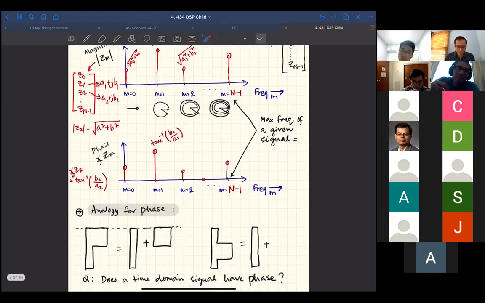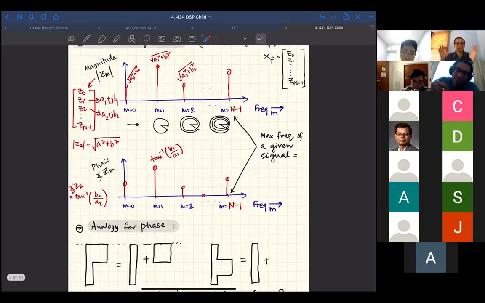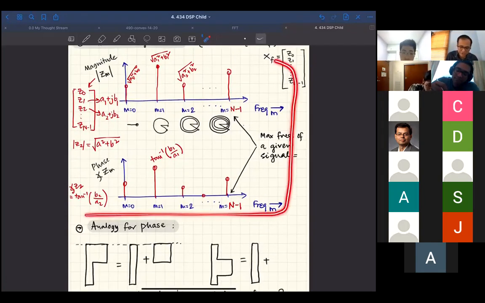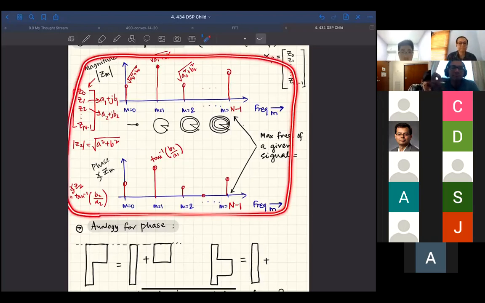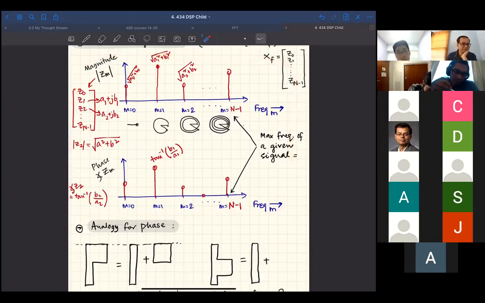Okay. So this is what you get when you do a DFT, and I hope these two graphs are very clear to you. Questions thus far? Okay, good. If you are good, then the max frequency of a given signal.